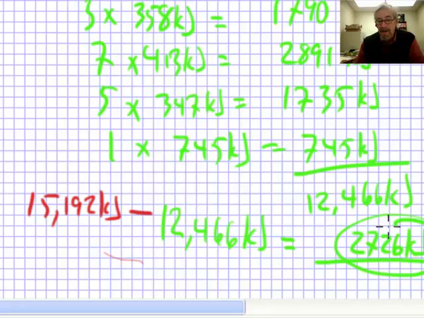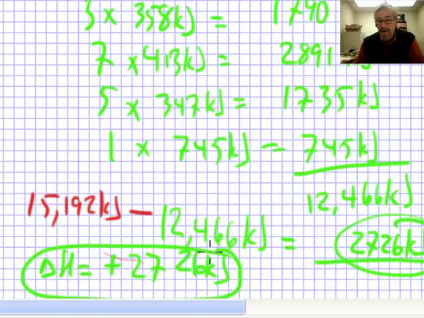Here's what that means. Delta H for this reaction is positive 2,726 kilojoules. If you recognize this reaction as the photosynthesis reaction, you probably knew that it's endothermic. Energy has to go in in the form of sunlight for photosynthesis to take place.